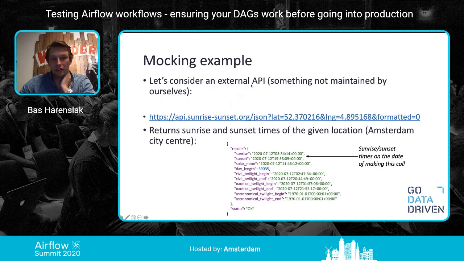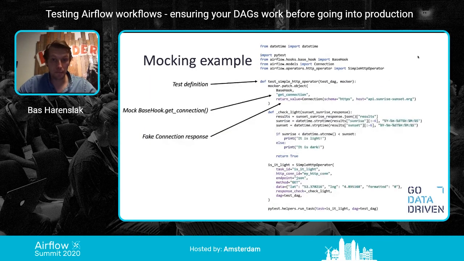So let's show an example. Let's consider an external API, and by external I mean something that lies outside our reach and is not maintained by ourselves. There's this API called Sunrise Sunset. It's a free API you can use for testing, and it returns some information about sunrise and sunset times, as JSON.